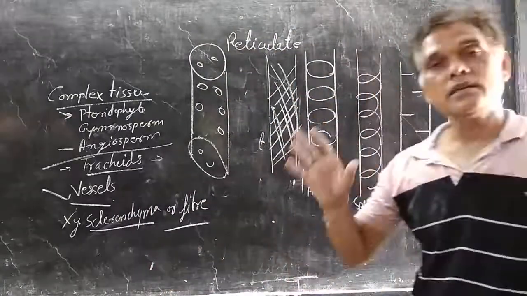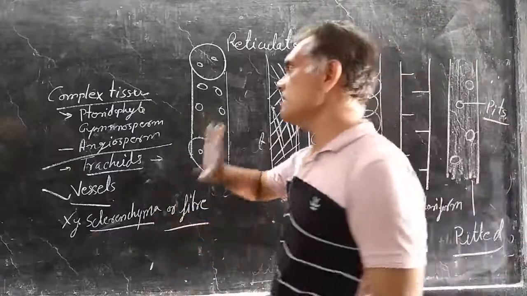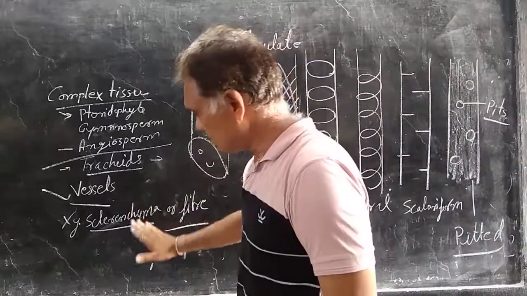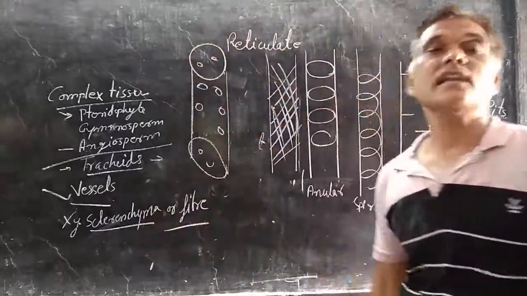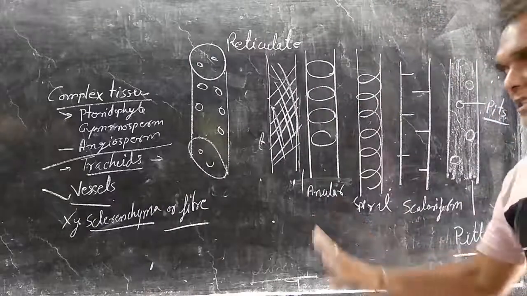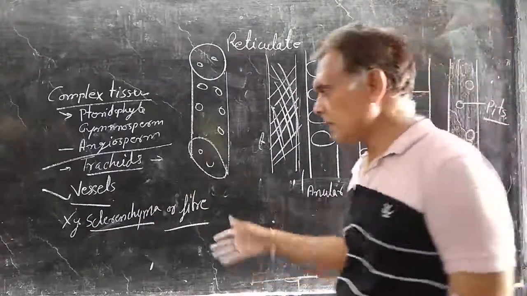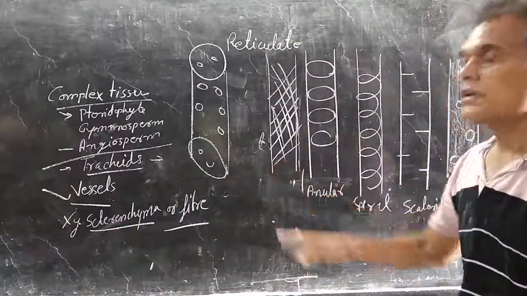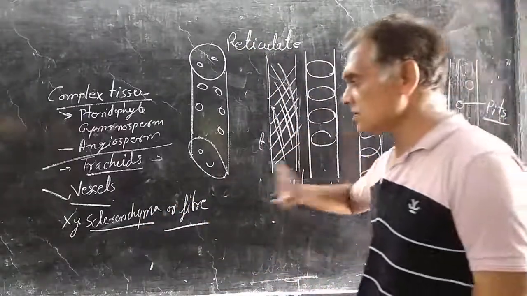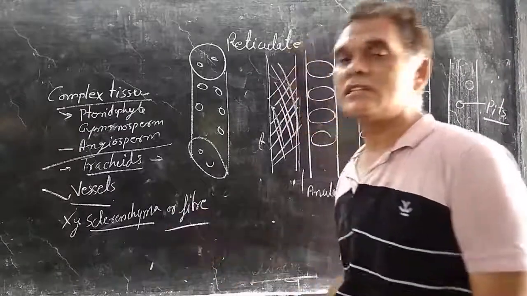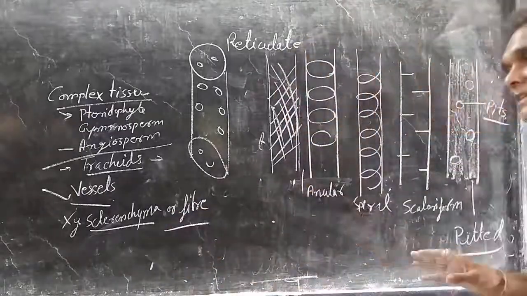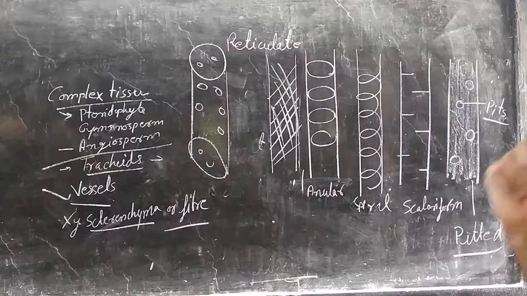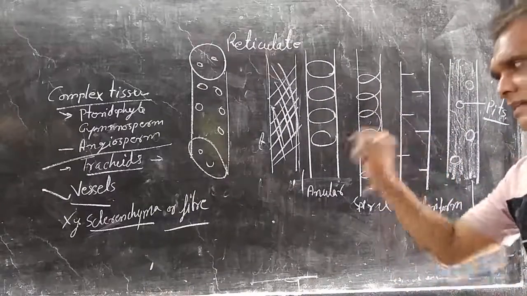If that sclerenchymatous fiber is associated with the xylem tissue, it is known as xylem sclerenchyma. There is no difference between the sclerenchymatous fiber and xylem sclerenchyma, also known as xylem fiber. Their only function is to provide mechanical strength.